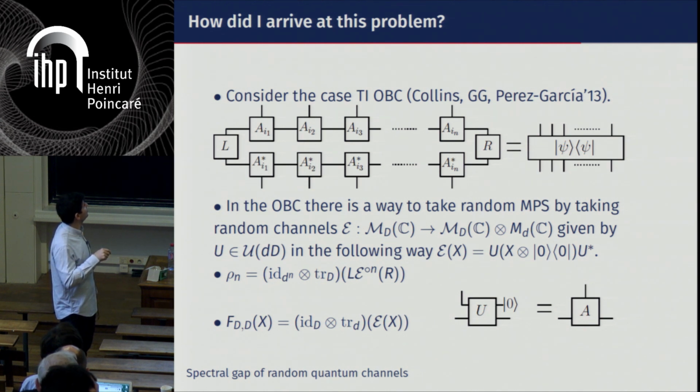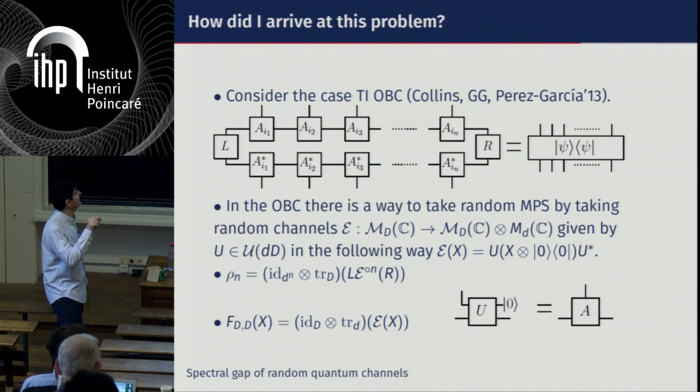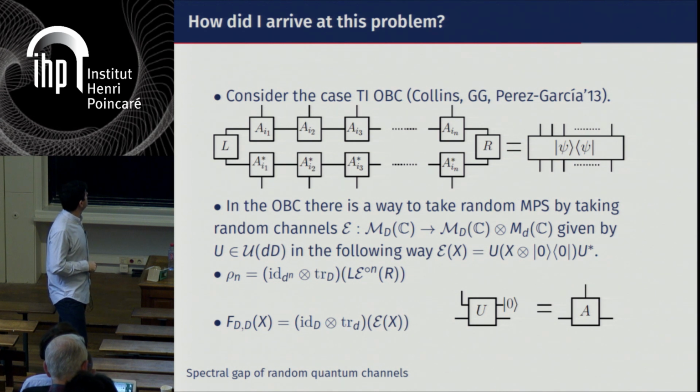So if we trace in this map one of the physical systems, for example here, what I have is a map from M_D to M_D. So I recover the quantum channel that I defined before with dimensions capital D and capital D. This is just by tracing this index here, then I have a map from this side to this side. That is defined just by tracing the physical system of the other channel, this big channel. So this is really the set of random channels that we were considering before.